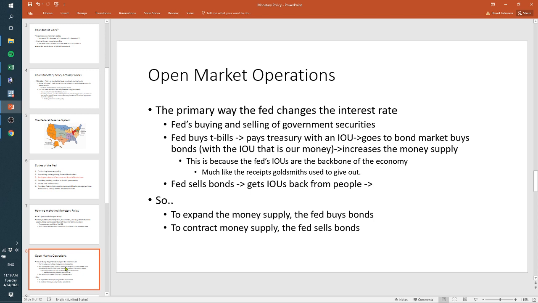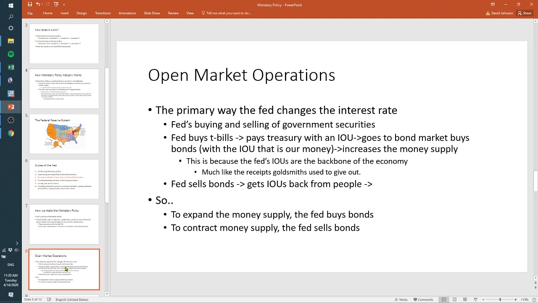By purchasing those bonds, that cash, those IOUs, are going into banks, and banks can make loans out of it. And what's taken out is financial assets, which can't really be used to make money. So the money supply increases.